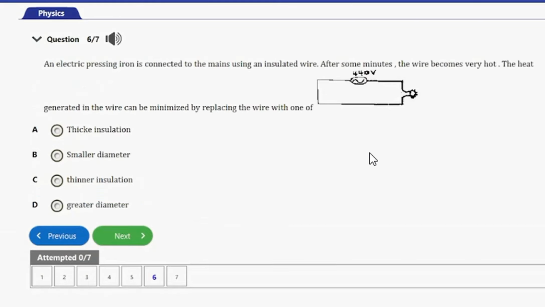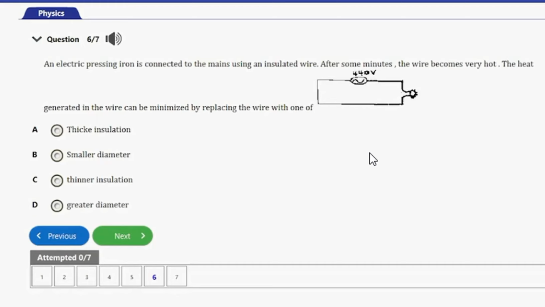So that's question number 6 here, guys. The question says, an electric pressing iron is connected to the mains using an insulated wire. After some minutes, the wire becomes very hot.